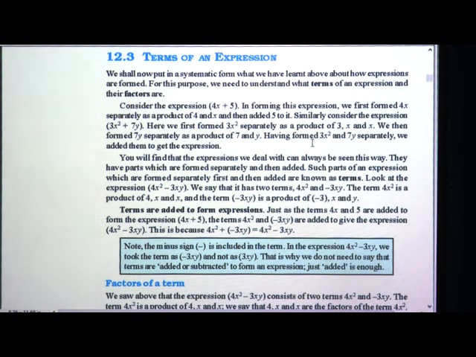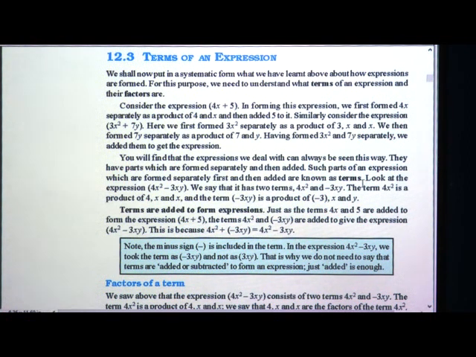Having formed 3x square and 7 separately, we added them to get an expression. So, you will find that the expressions we deal with can always be seen this way. They have parts which are formed separately and then added. Such parts of an expression, which are formed separately first and then added, are known as terms.